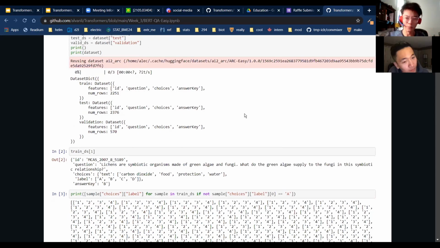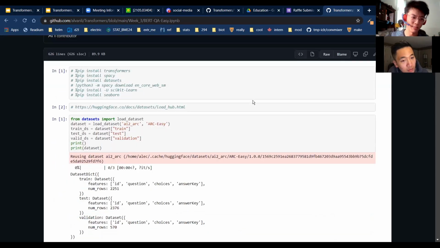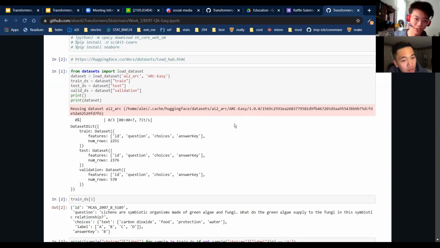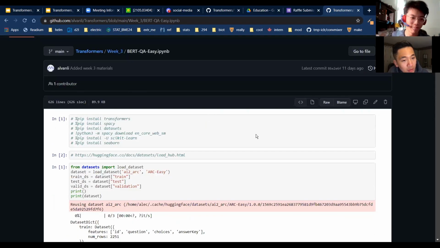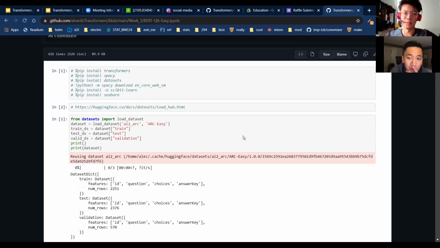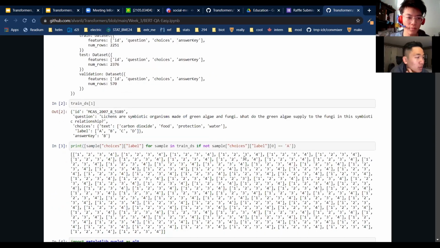We'll probably see in later sections that it doesn't train very well either, and I think to train a better model we would have to have context. In some other data sets, they usually provide a question and a paragraph, so you can extract some words within that paragraph to choose an answer. But this one doesn't.